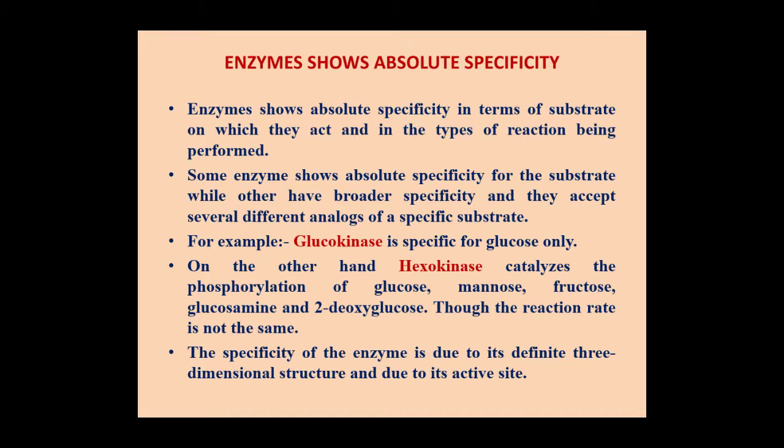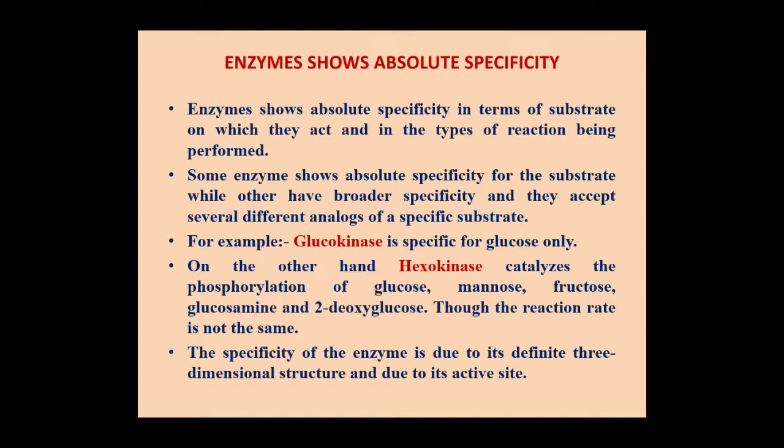Enzymes show absolute specificity. Enzymes show absolute specificity in terms of the substrate on which they act and in the types of reaction being performed. Some enzymes show absolute specificity for the substrate, while other enzymes have a broader specificity and accept several different analogues of a specific substrate.